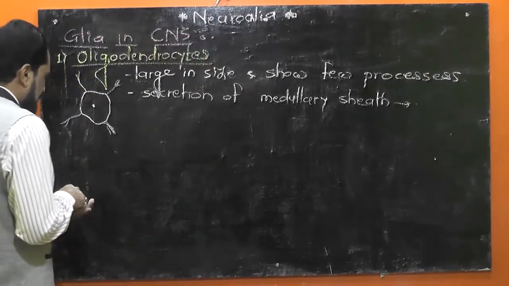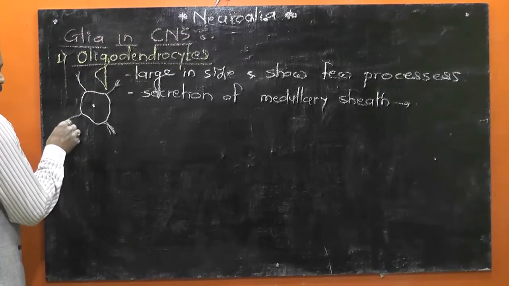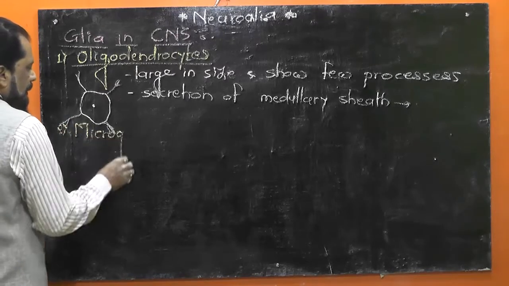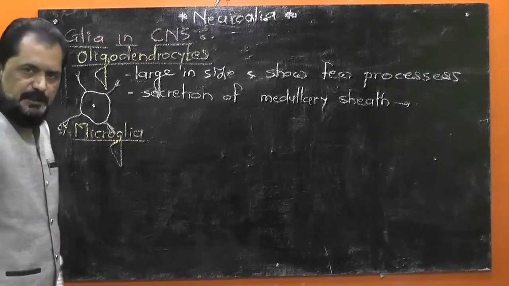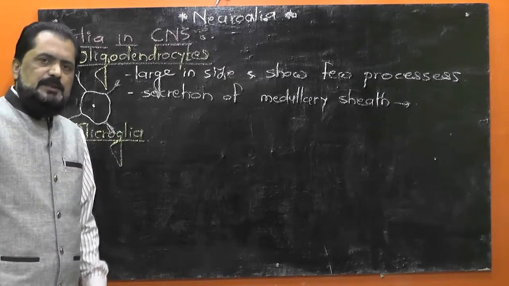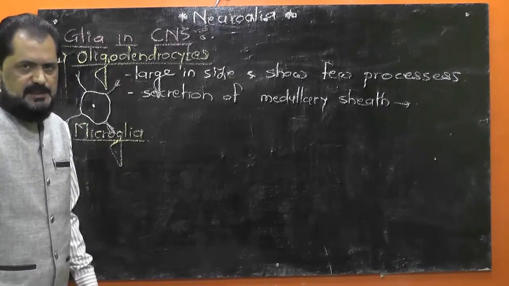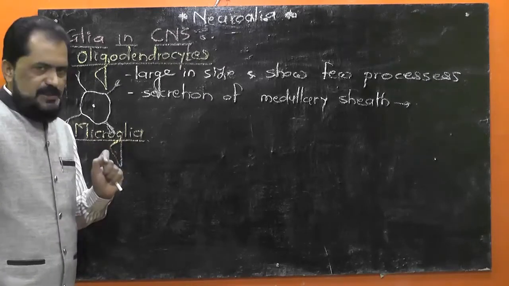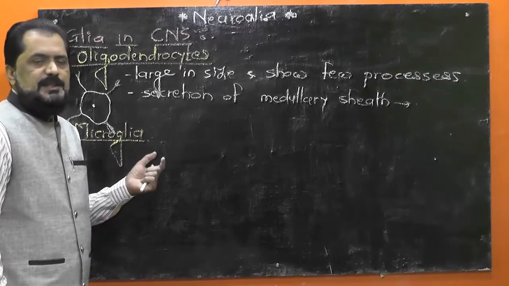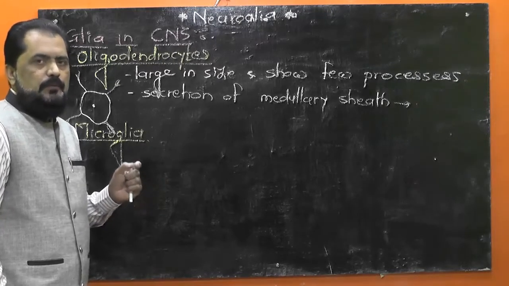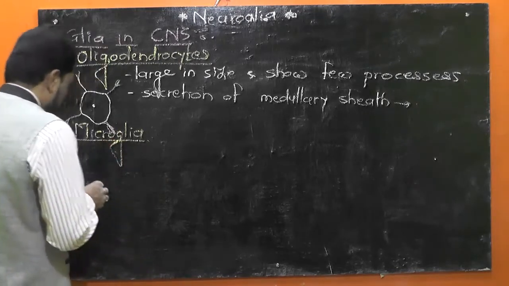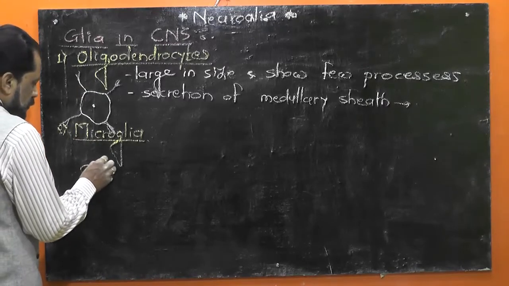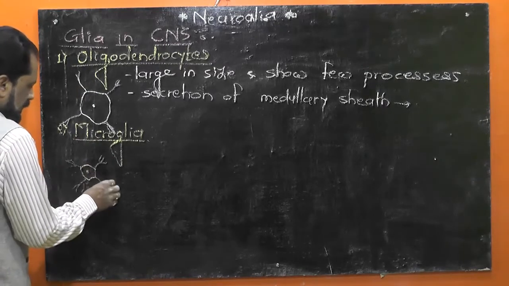Come to the second type, दूसरा प्रकार, that is microglia. Name itself indicates again. Microglia, these are small sized glial cells and show a large number of processes. Let me show. Suppose here is a microglia and it shows processes.